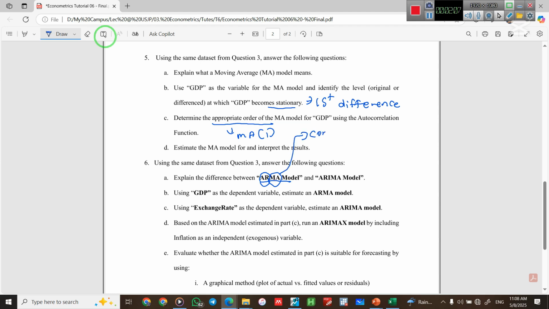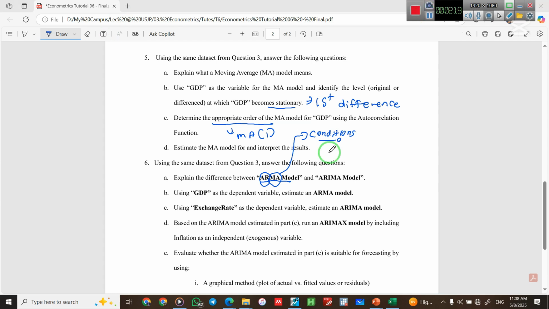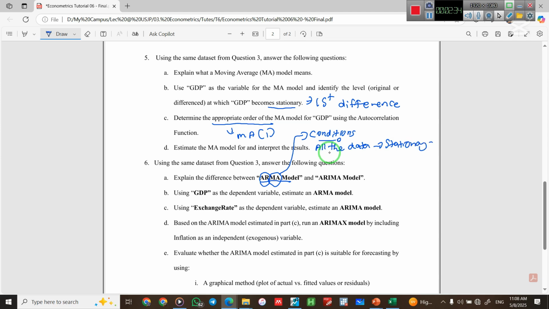The condition is, to run the ARMA model, all the variables or all the data in your data set should be stationary at their level data.